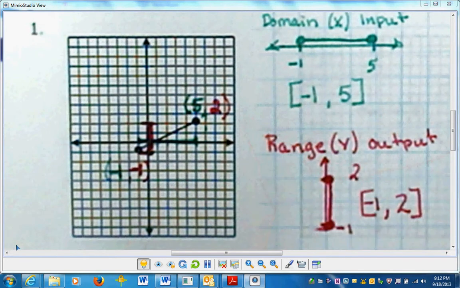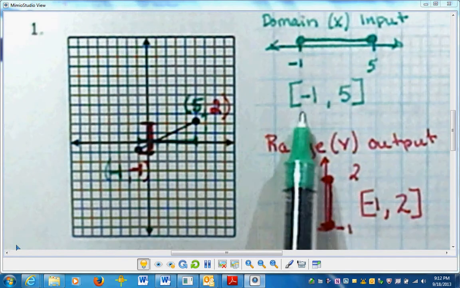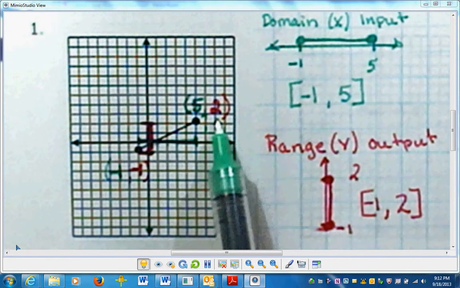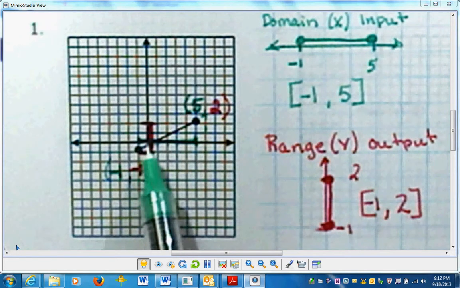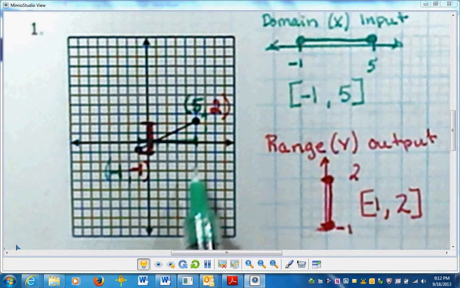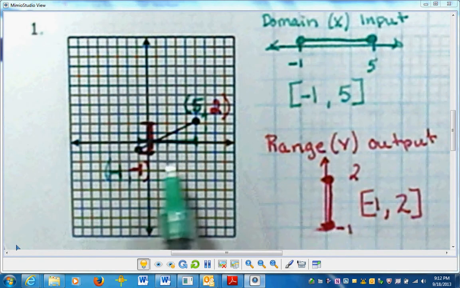I can have all those values in between. So here we see that my x goes from -1 to 5, which is what I indicated here, and my y value goes from -1 to 2, which I also happen to indicate right here. So those are two different ways of looking at finding domain and range. Looking at it by what's my input and what's my corresponding output, or looking at my lowest coordinates and my highest coordinates. The coordinates on the left, the coordinates on the right.